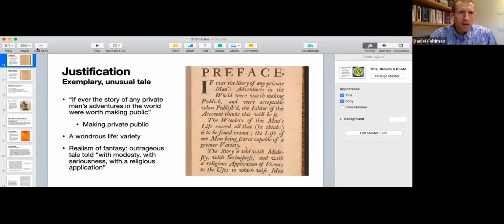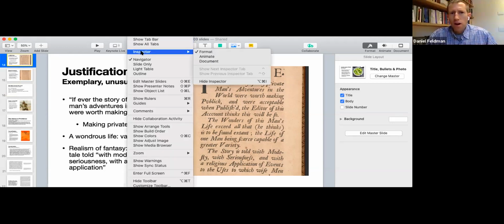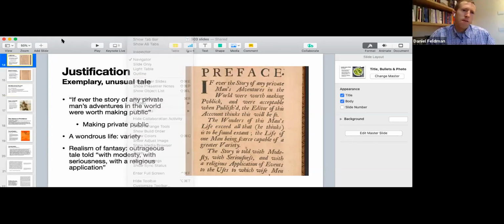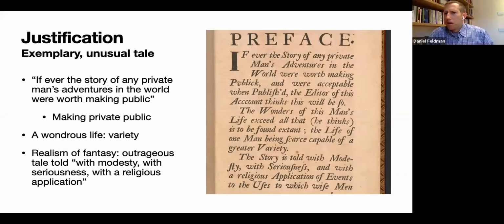To review, it is a text that tries to balance between entertainment or amusement, an emphasis on interest in an unusual or adventurous tale, and a tale that has a kind of moral instruction. We'll be returning to that again today.